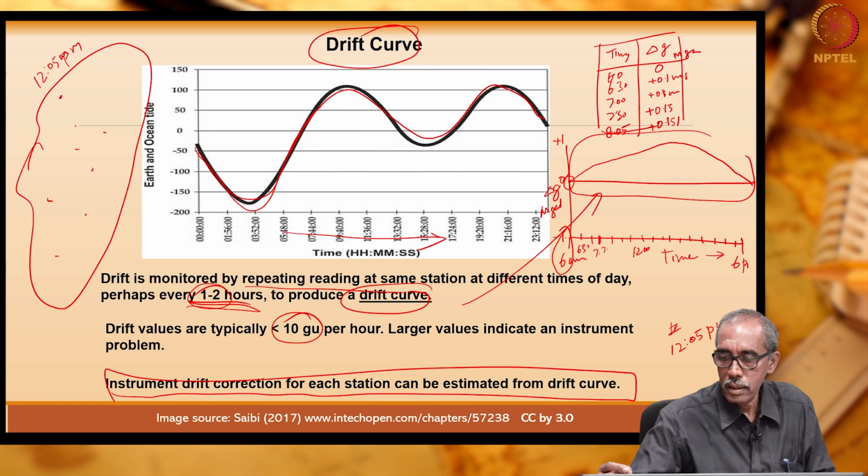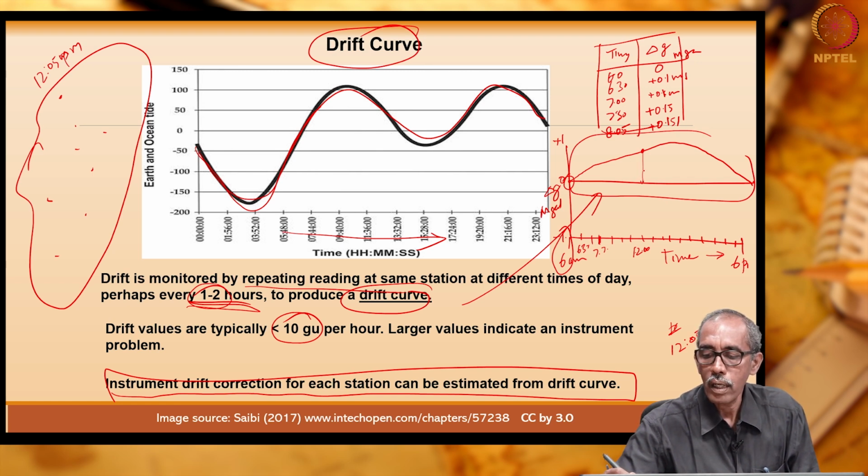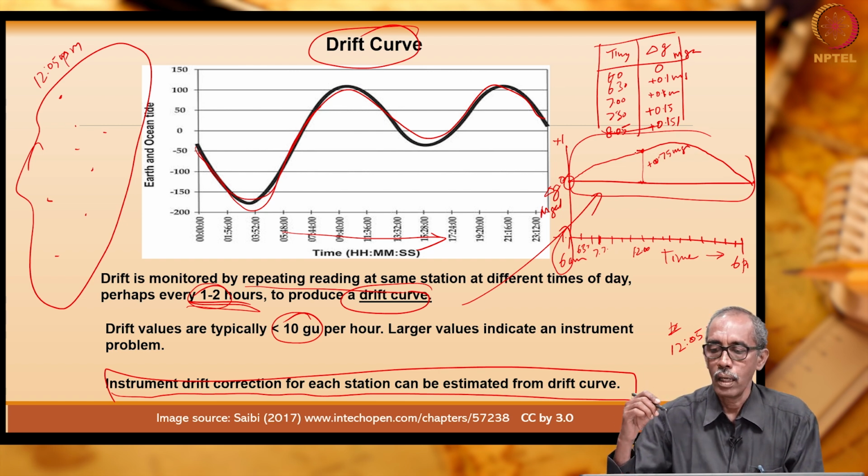So, you check this diagram. At 12:05 you are somewhere here, the value you have measured is much higher than the 6 AM value, isn't it? So, this is at the same station. Here this is plus 0.75 milligauss, the difference between 6 AM and 12:05.